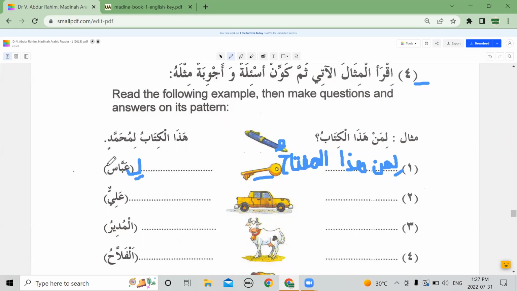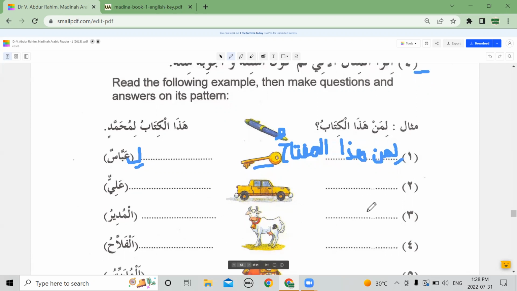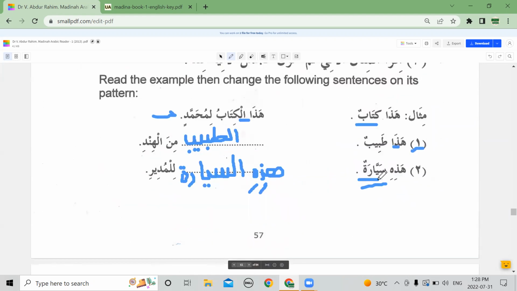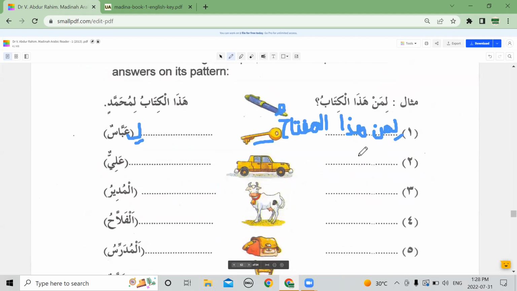Good. Next. Okay, ma'am. So now what's this picture? Liman hadha. I don't know what we should say for cars. Car is sayyaratu. Look here, it's written sayyaratu. Sayyaratu is feminine, so we have to say hadhihi sayyaratu. Liman hadhihi sayyaratu.